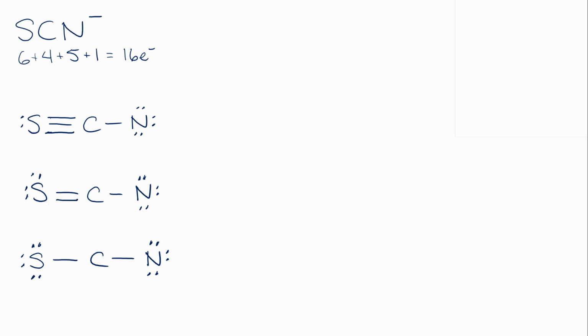We could pull one set from sulfur and one set from nitrogen, or we can pull both sets from nitrogen. Each of these 3 structures meets our criteria of each atom having an octet and having the proper number of electrons and an appropriate central atom.